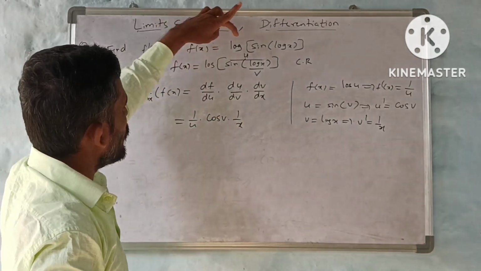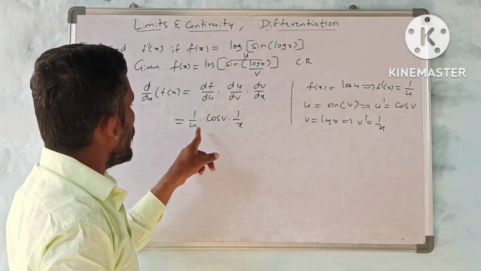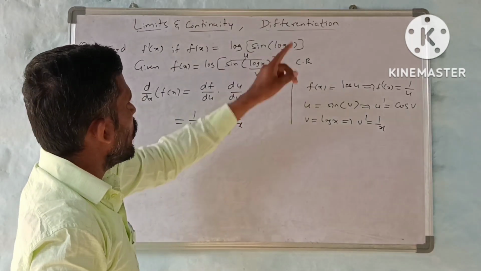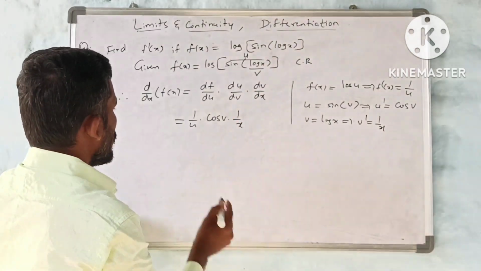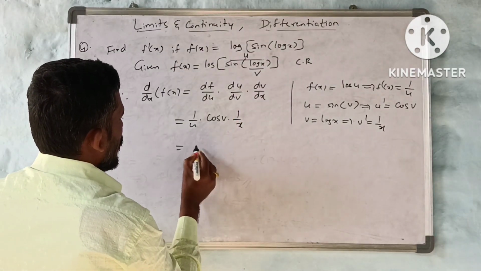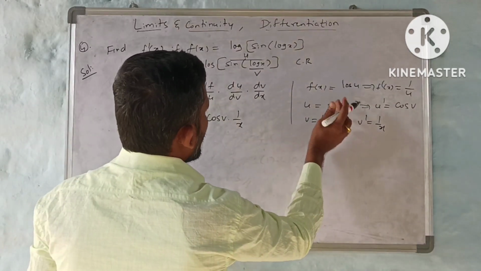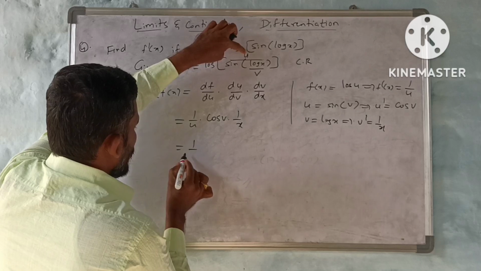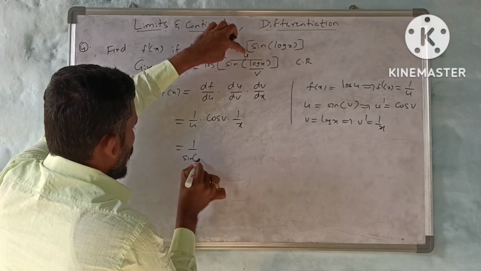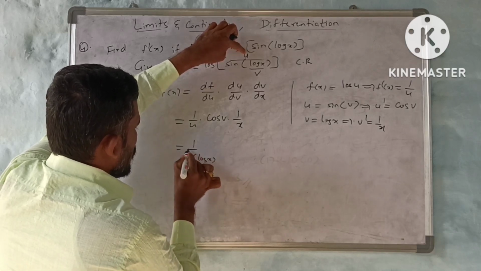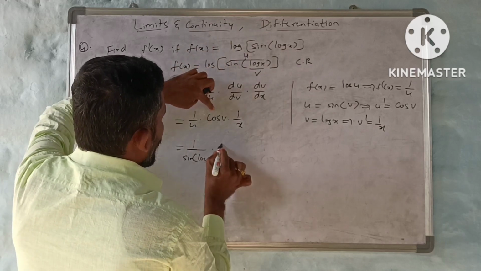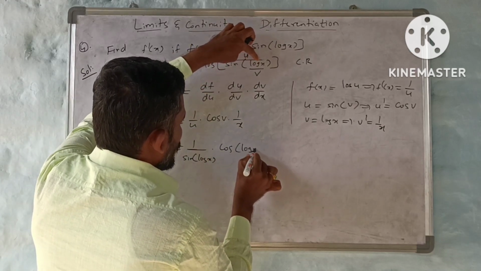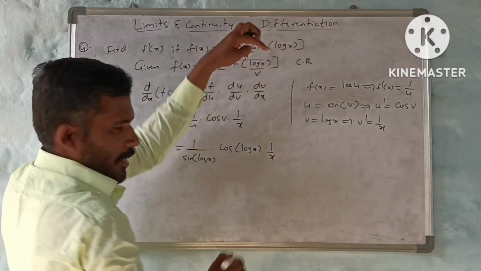But the given problem is in terms of x only, whereas here you got u, v, x. The total again you have to convert into x terms only. So 1 by u, where u we took as sin of log x, then cos v, where v we took as log x, and 1 by x.